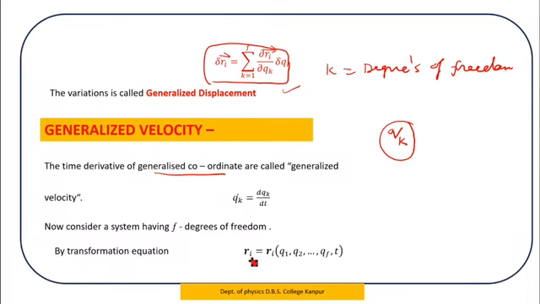If we take the position vector ri equal to ri(q1, ..., qk, t).